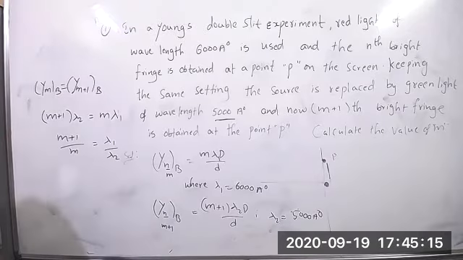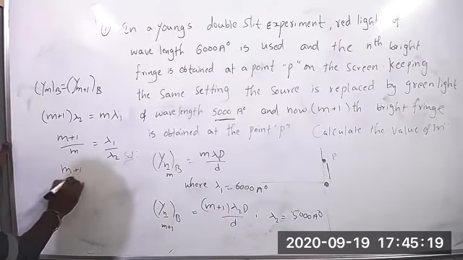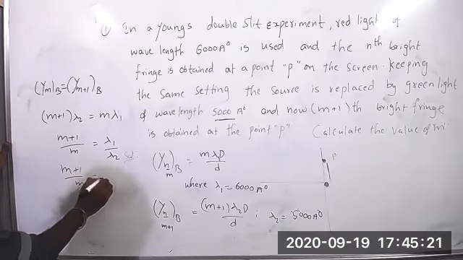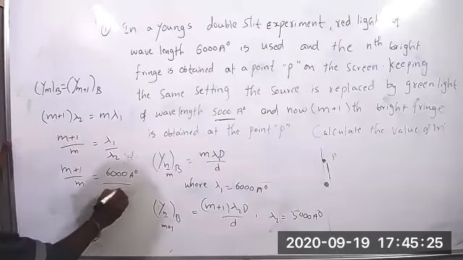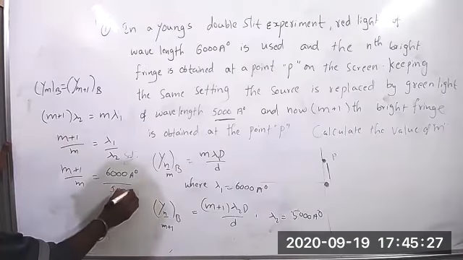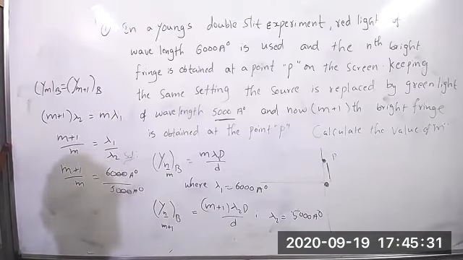Substitute the lambda 1 and lambda 2 values: lambda 1 equals 6000 angstroms, lambda 2 equals 5000 angstroms, cancel out, 6 by 5.